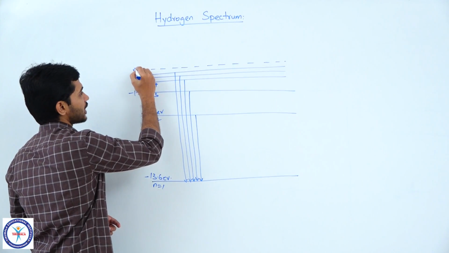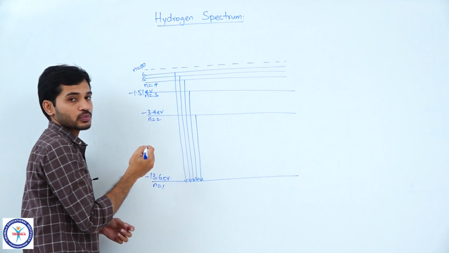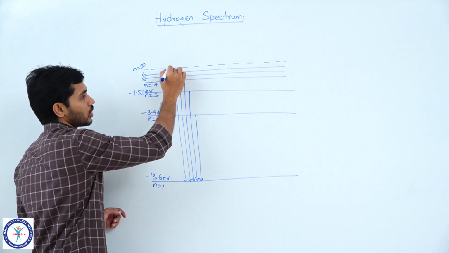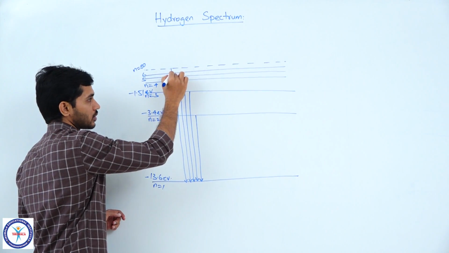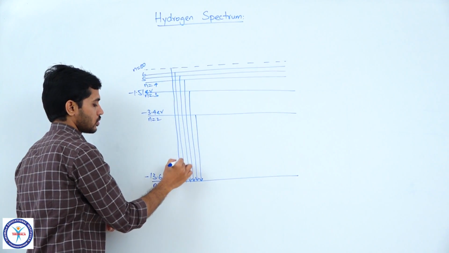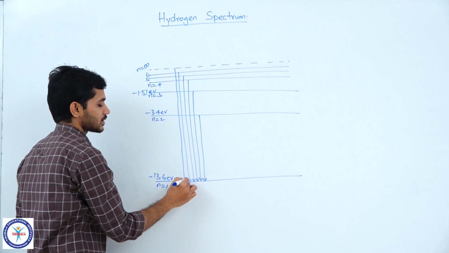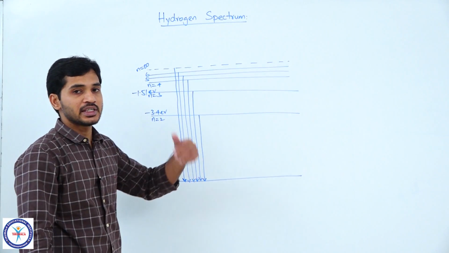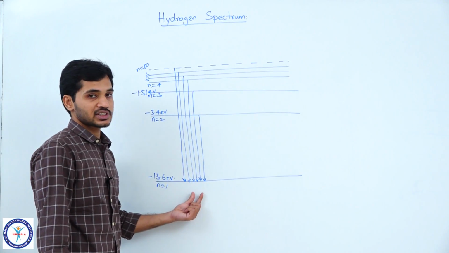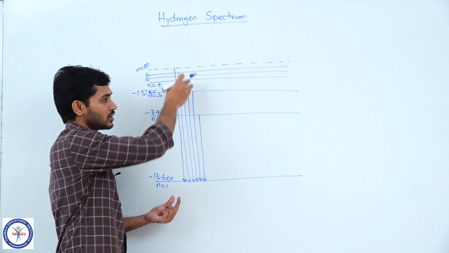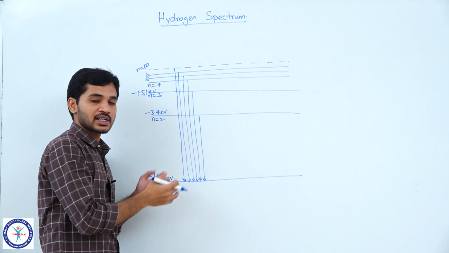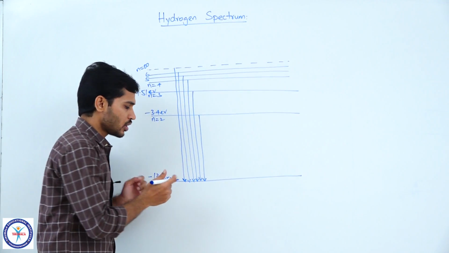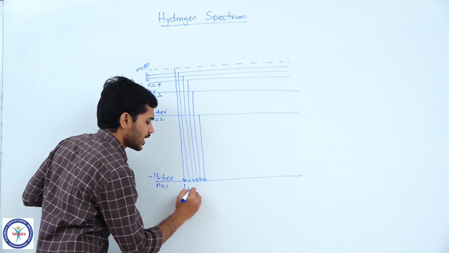So here we have n is equal to infinity, which corresponds to an energy of 0. So you can also consider infinity to 1. So all possible transitions from any higher state to the first state, the collection of all these wavelengths, we call the Lyman series.